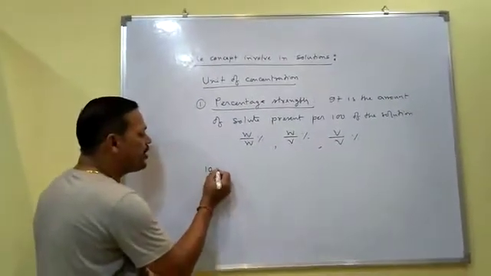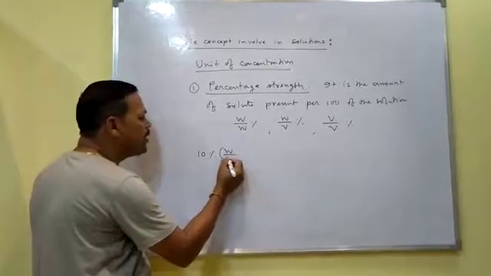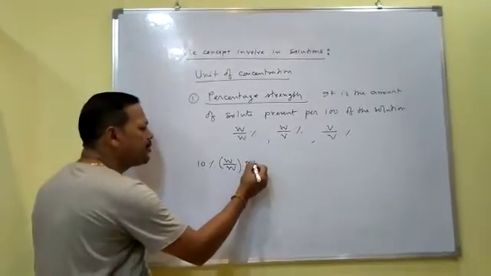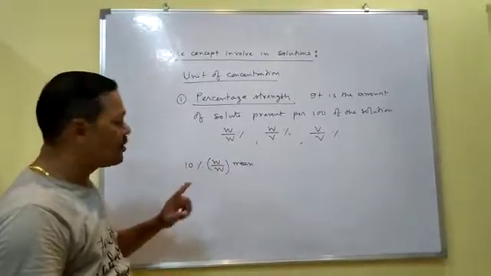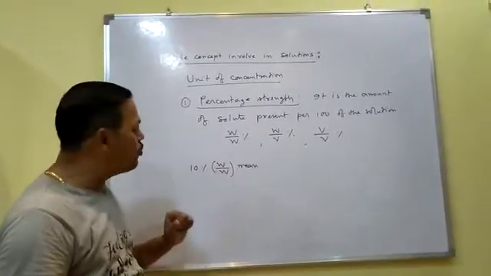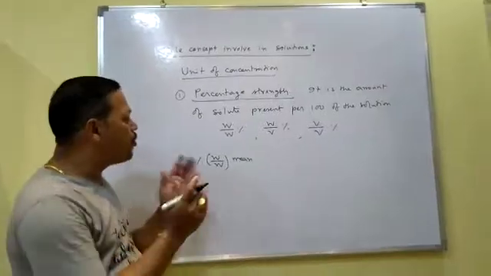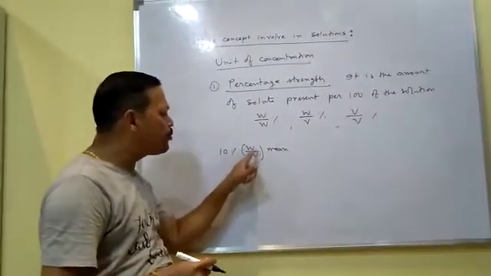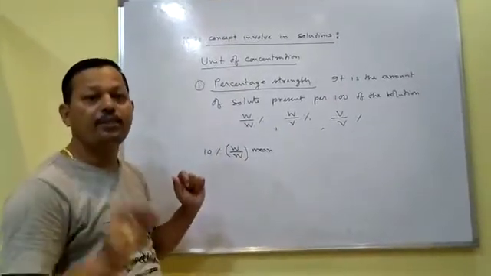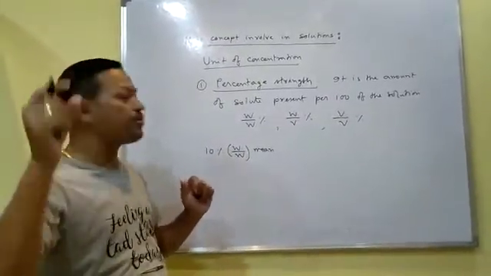Suppose a solution is given 10% W by W. What does it mean? W by W means mass by mass. So 10% W by W means when you express the amount of solute and the amount of solution, both you have to express in terms of mass. I mean in terms of gram or in terms of kg.